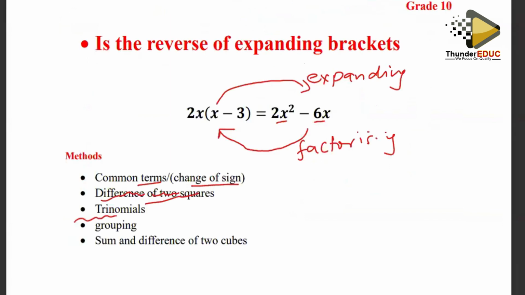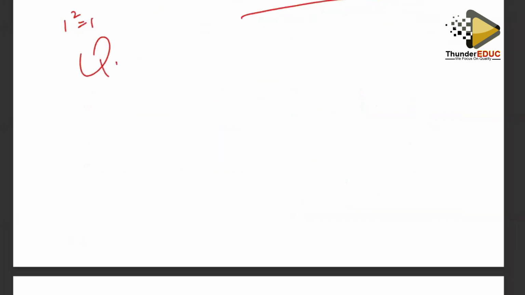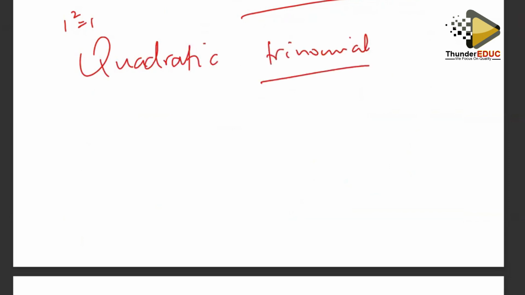Then we have the trinomials. So when you talk about the quadratic trinomial, we're talking about an expression that has 3 terms, but the highest degree must be a 2. What do I mean? You have something like x squared plus bx plus c.